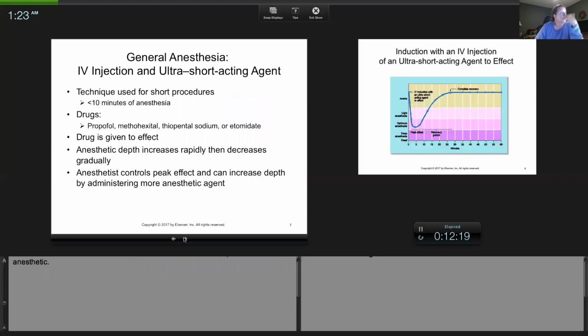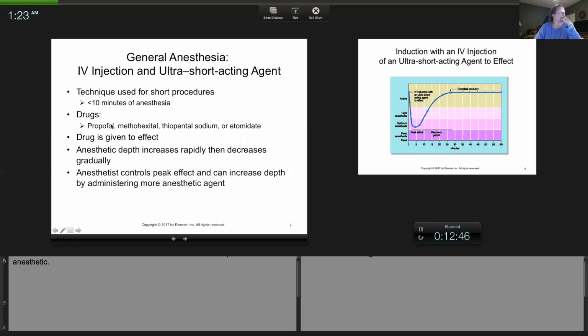Now let's look at an intravenous injection for induction, like propofol, pentothal, alfaxin, all fit in. Okay, so this is typically used for short procedures. Drug is given to effect because you're going in the vein, so I can give it and stop. I can give a little more and stop.